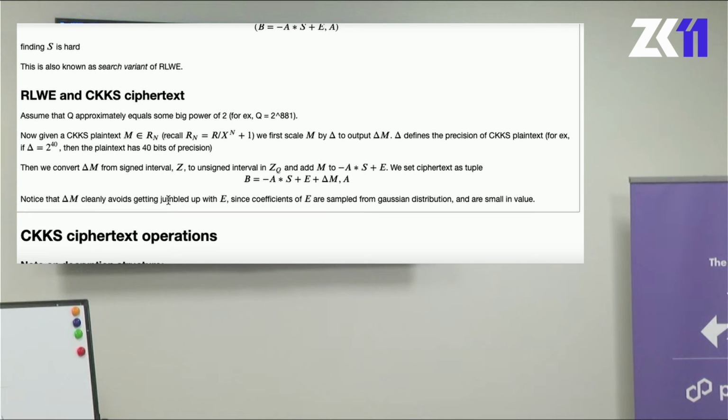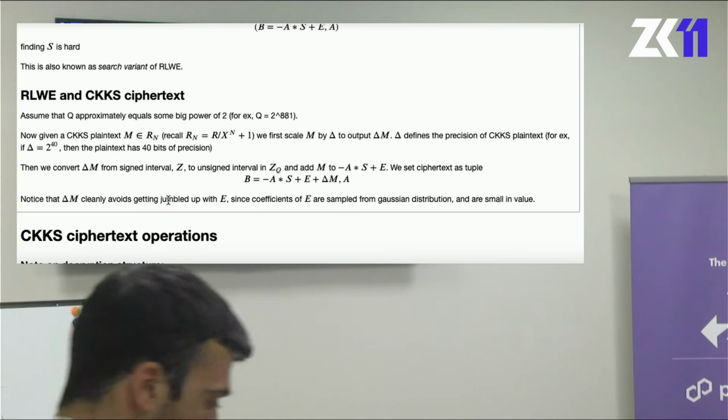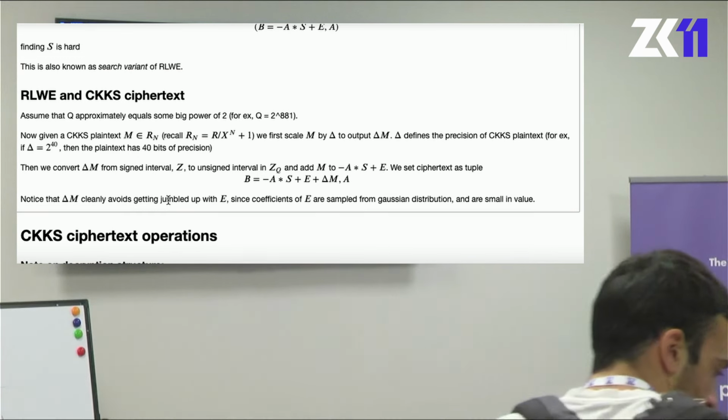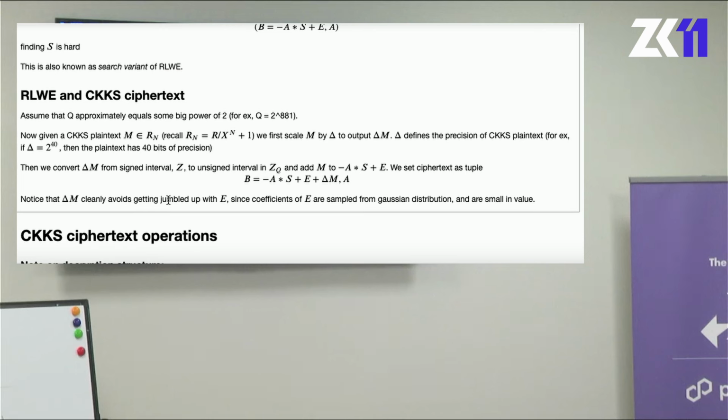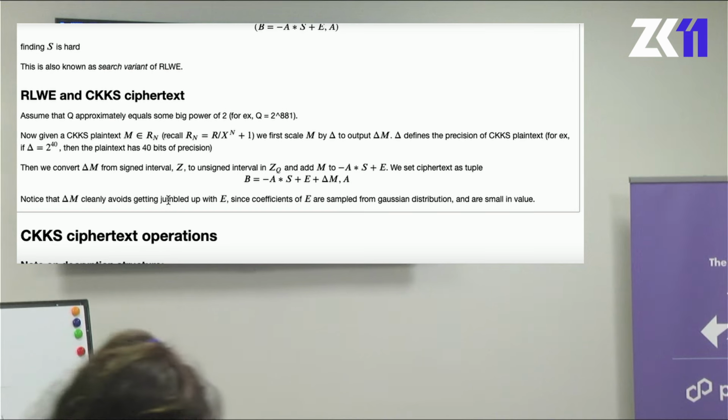The role of delta is that, you know this error E, right? This error is random. And the hardness assumption wants this error to be there so that you cannot find what S is. We want to avoid the bits of M getting jumbled up with the error.